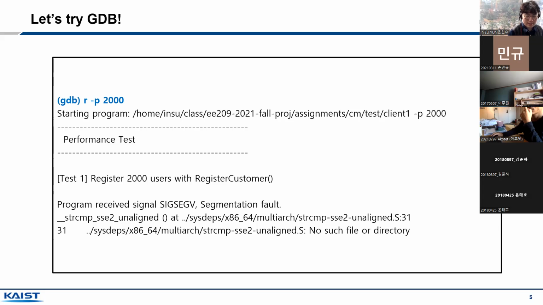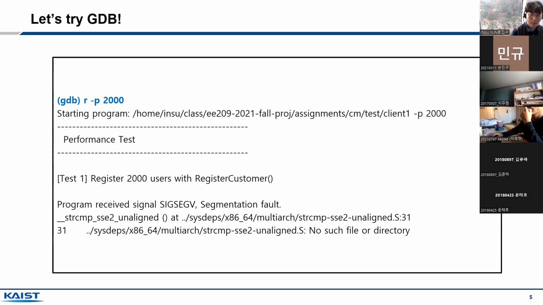Even when you are using x86, according to what instruction set you are using, x86 even has several extensions. Based on these extensions, there are multiple implementations of strcmp, so you can use more advanced hardware features to implement a faster string compare.